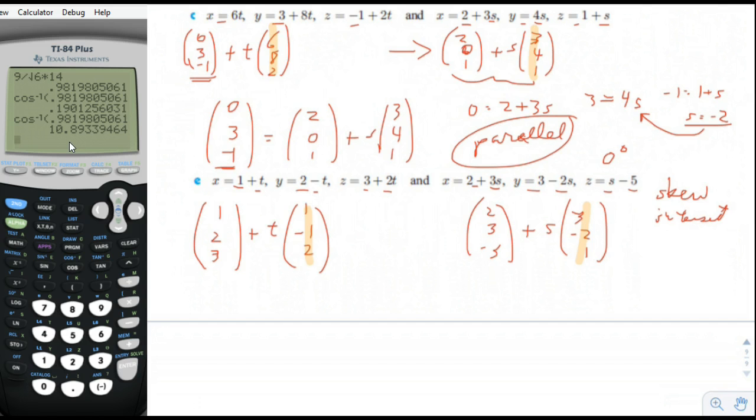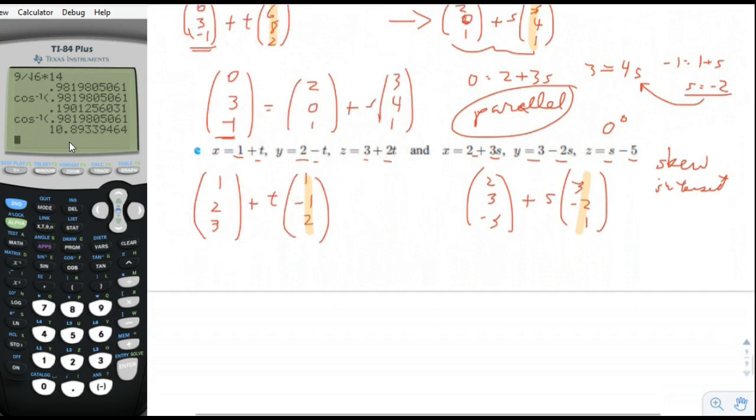If we intersect, that means that we could set these two equations equal to each other, and then we would be able to find a point which satisfies both. And so we could say the x components are equal to each other, the y components are equal to each other: 2 minus t equals 3 minus 2s.